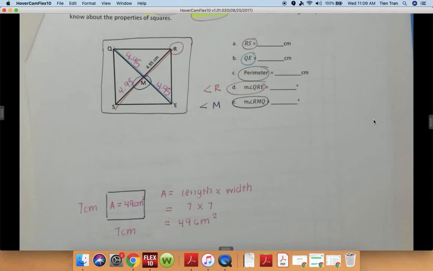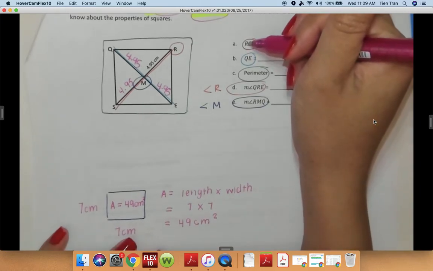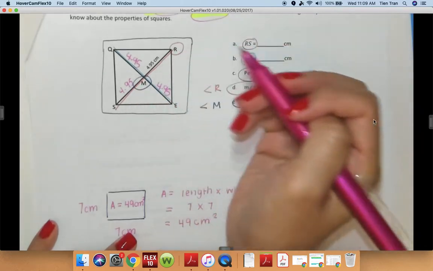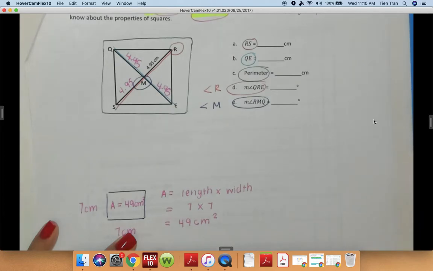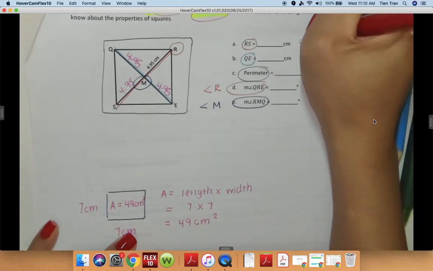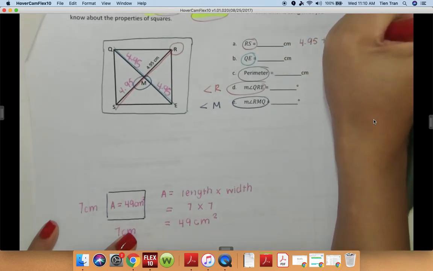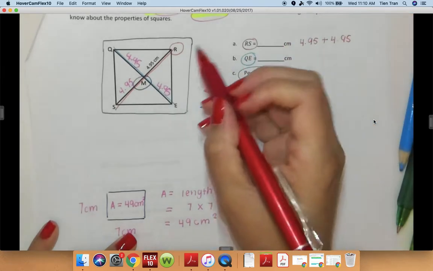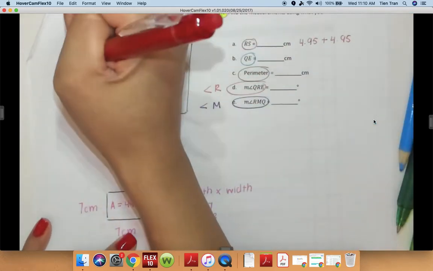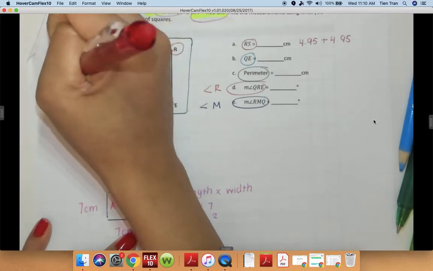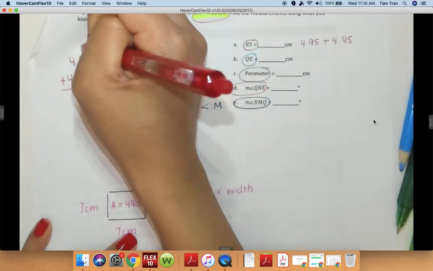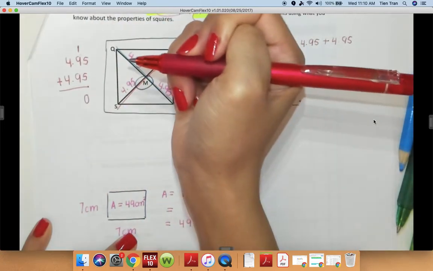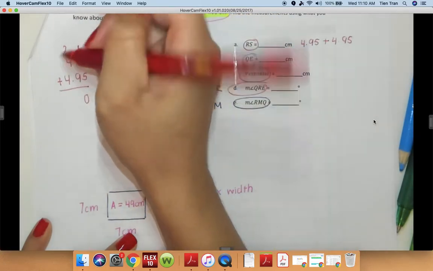But I also know, because it tells me right here, that one side is equal to 7 centimeters. How do I know that? Oh, sorry. So right here, RS, I'm going to add 4.95 plus 4.95 for you guys to see, to get my measurement for line RS. 4.95, 4.95. 5 plus 5 is equal to 10. 9 plus 9 is 18, plus 1 is 19.